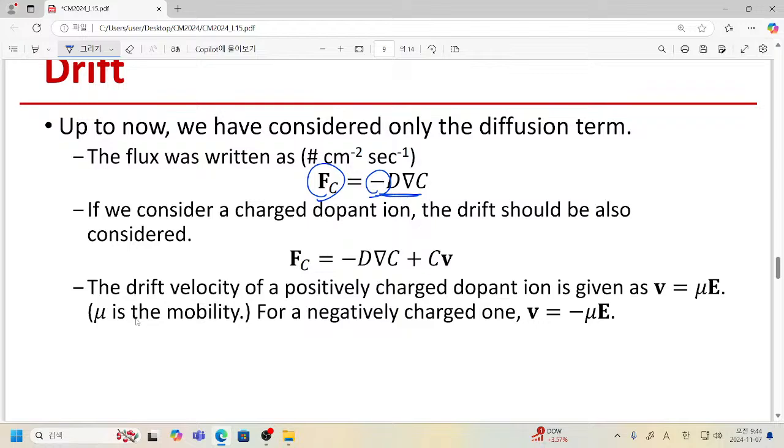However, if we have certain velocity set by a reason other than the diffusion, then we must add these additional terms.